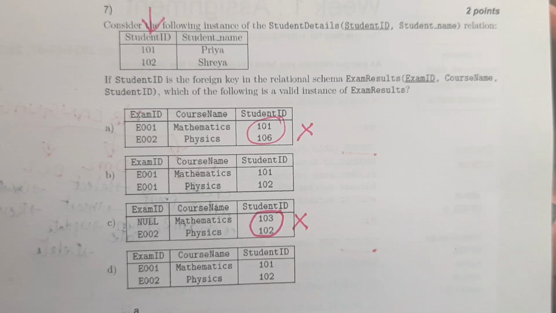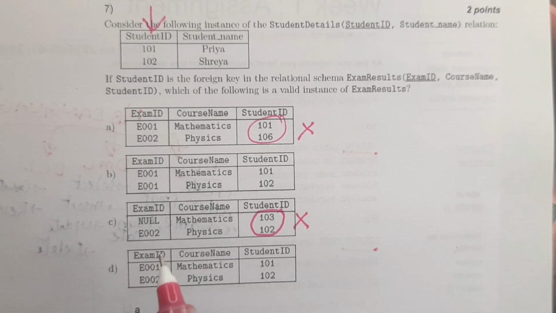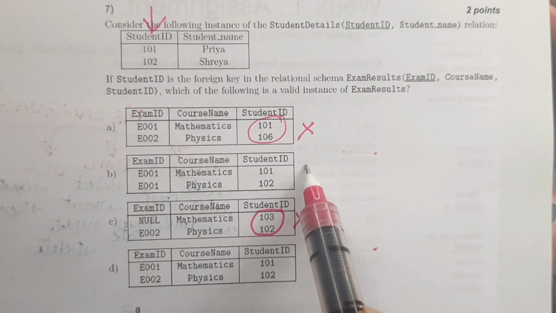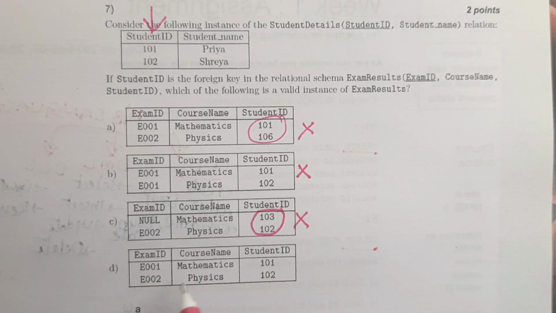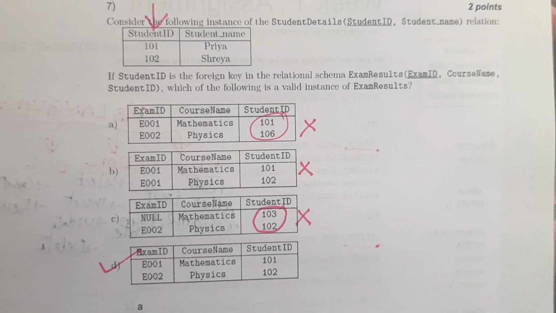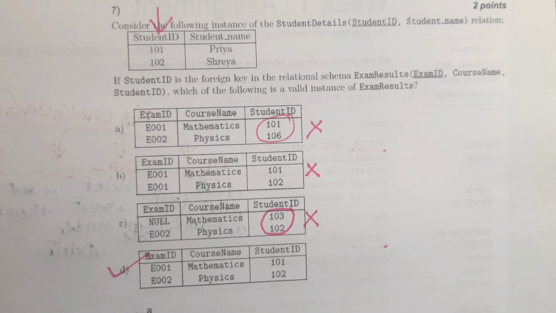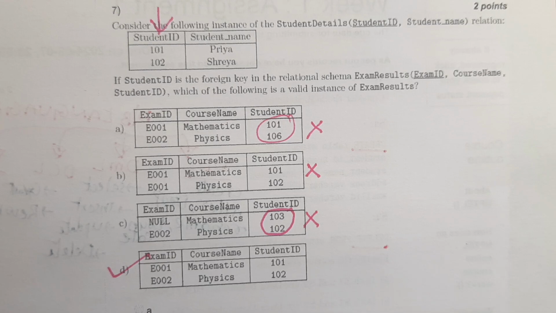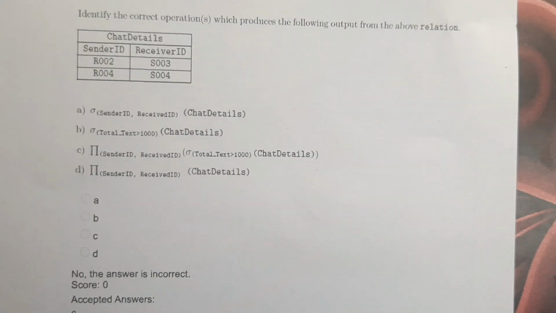Now, if you see in this one, exam ID is 1, exam ID is 1. We can also eliminate this one. So the final answer for this question is D. This is an important thing. We are going to eliminate the options first, then we can find the final answer like this. So this is for question number 7.